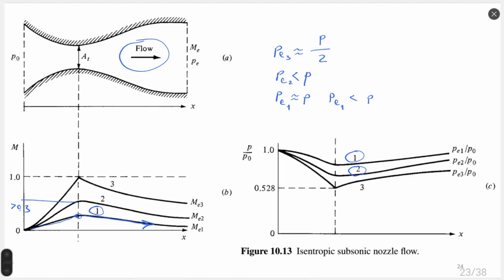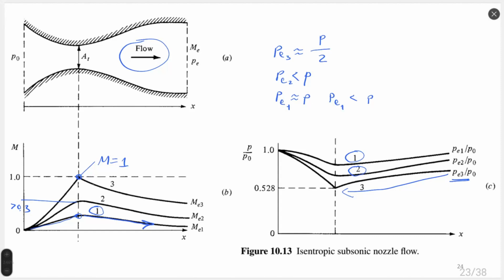It depends on the geometry of the nozzle, but approximately we can say that this value of PE3 is close to half of the inlet pressure. If we have this magic value of PE3 close to half of the inlet pressure, then inside the throat we have sonic flow, Mach 1. As you can see from this graph, we reach Mach 1 at this moment.